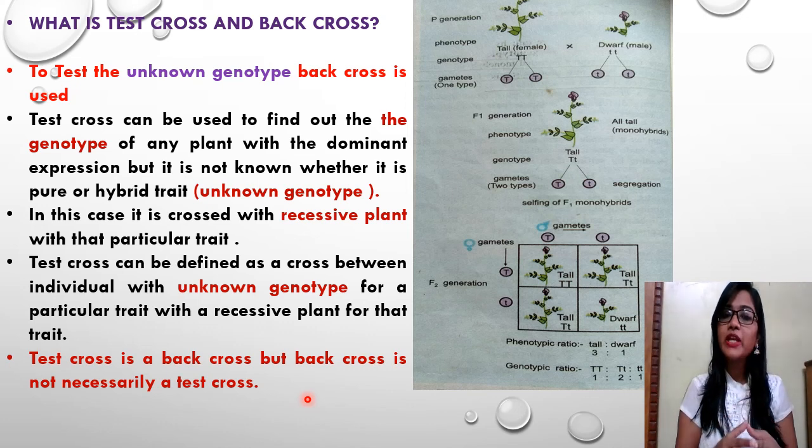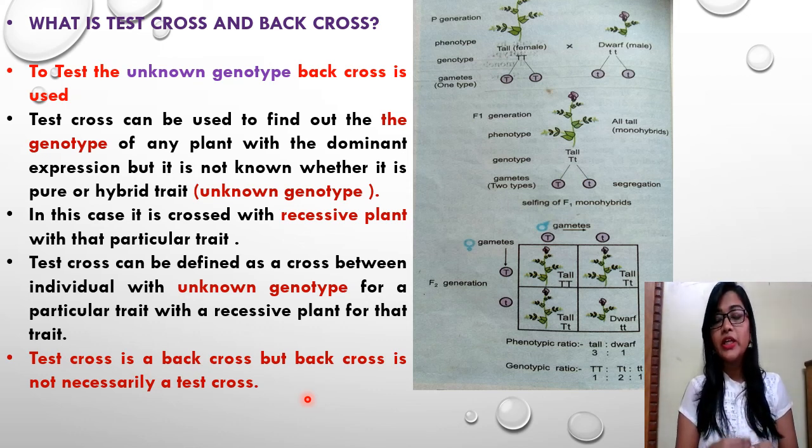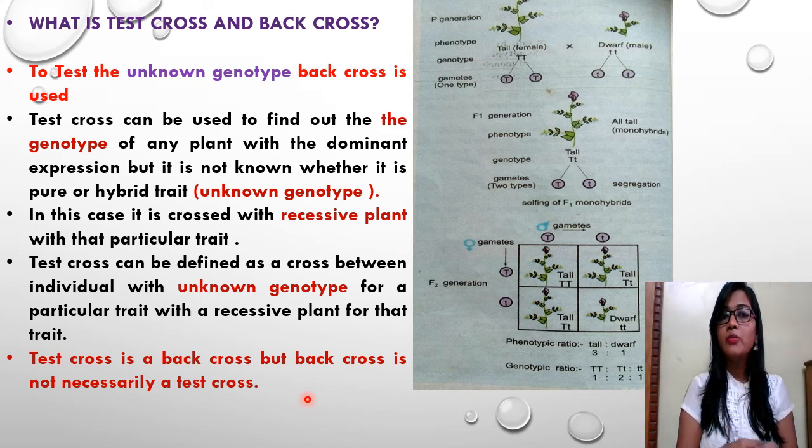When a hybrid expresses the recessive trait, that means in the dwarf pea plant, the genotype is definitely small t small t. But if we consider the tall plant, it is not possible to know its genotype. That tall plant can carry capital T capital T, or it can also contain capital T and small t.